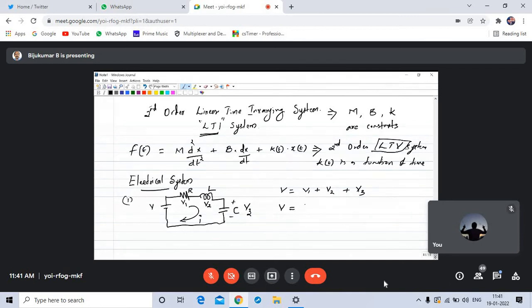So what is V1 with respect to I? I into R plus what about V2? Yeah, L into dI by dt plus what about V3? 1 by C integral I dt.